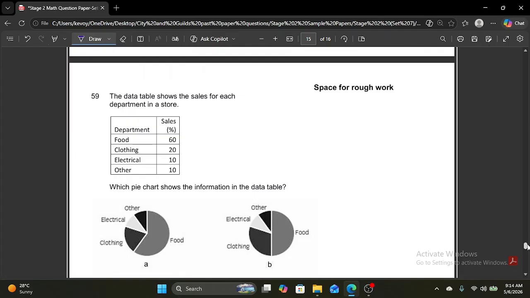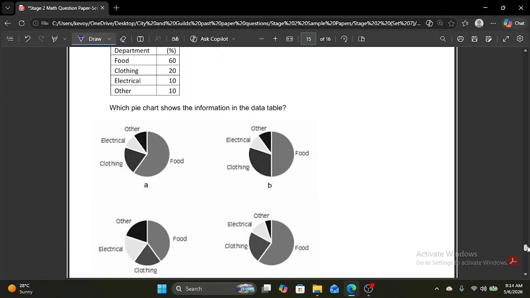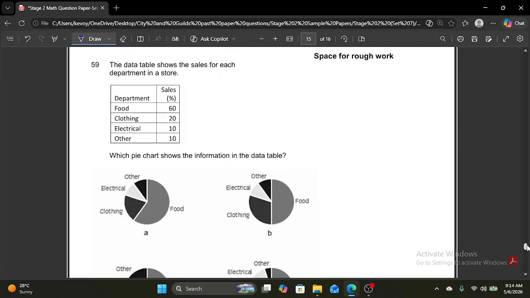The data table shows the sales for each department in the store: food, clothing, electrical, and other, and they're in percentages. Which pie chart shows the data table? The largest should be food.